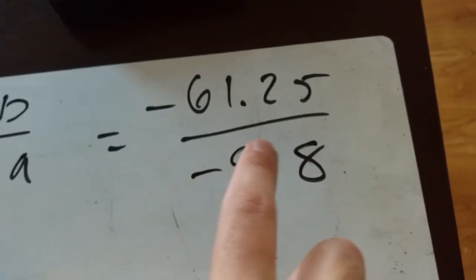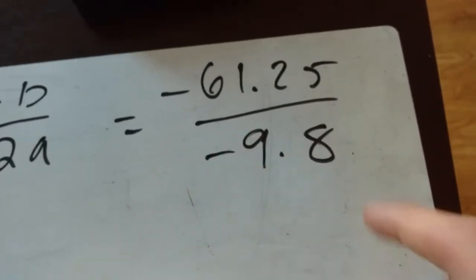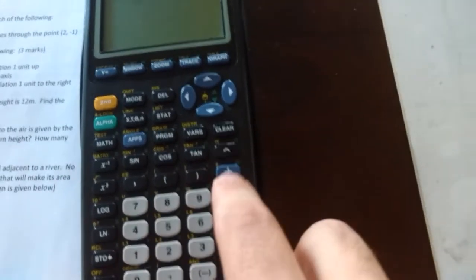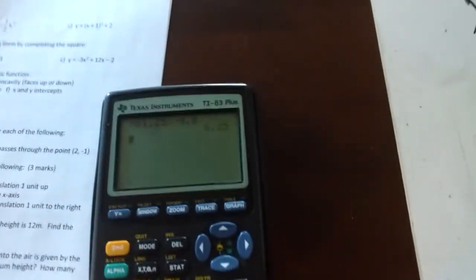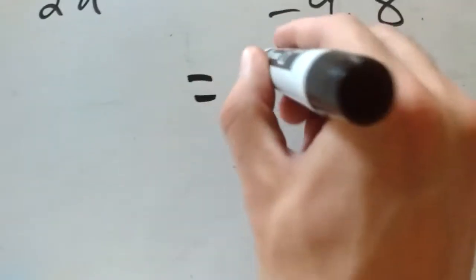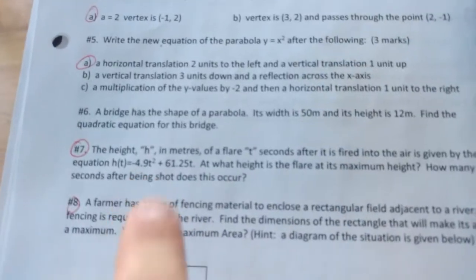So if we go negative 61.25 divided by negative 9.8, it'll give us the x value of the vertex. So we'll punch that in right now. Negative 61.25 divided by negative 9.8 gives us positive 6.25. So we have 6.25 as our x. And if we want to find the y, we just have to plug 6.25 into this equation.